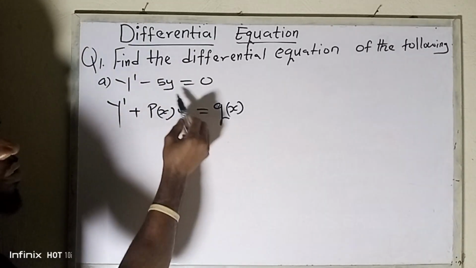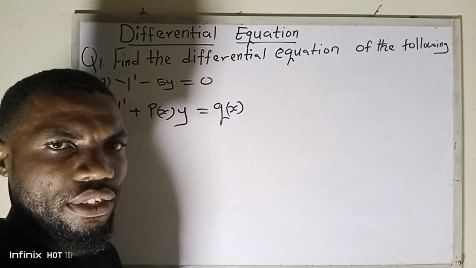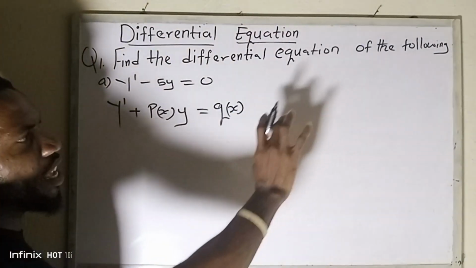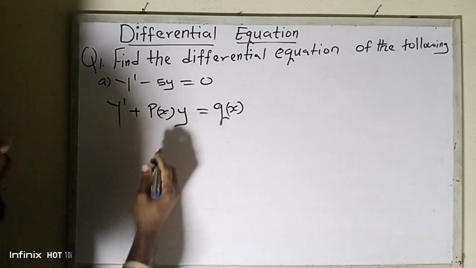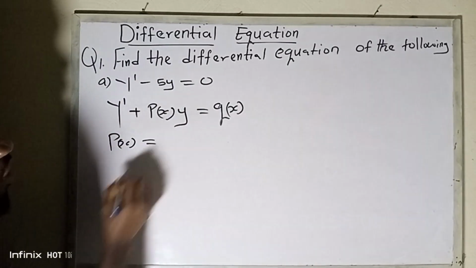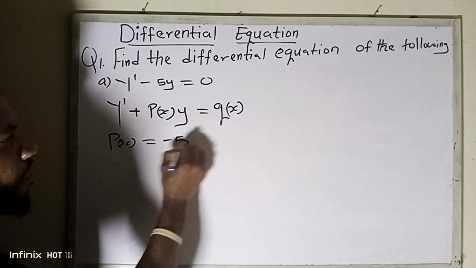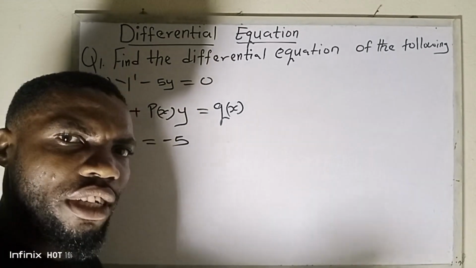Then we have y equals to, then our 0 becomes our q of x. So that means this equation is a linear equation. The next step is that we can now bring out that our p of x is equal to minus 5.